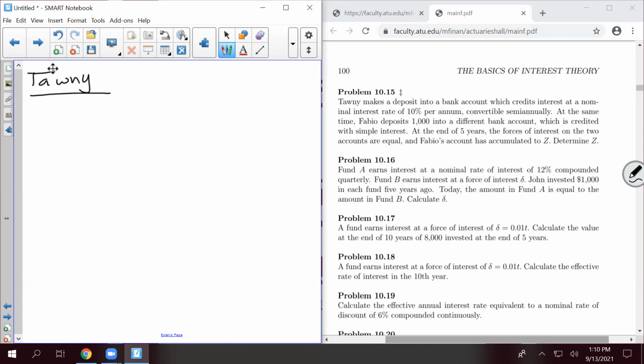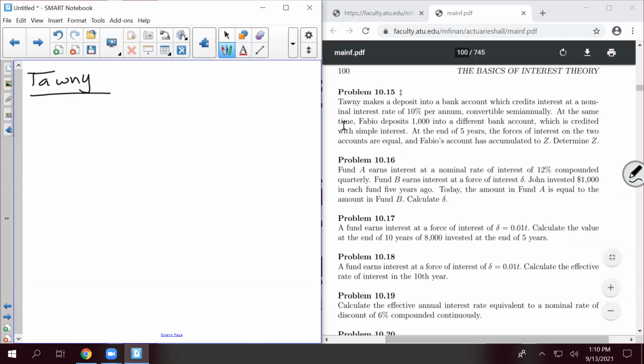They just say he makes a deposit. I don't know if it's a he or a she. Doesn't matter. Nominal rate of 10% per annum. So we want to see what happens after 5 years, because at 5 years, the forces of interest on the two amounts are equal.